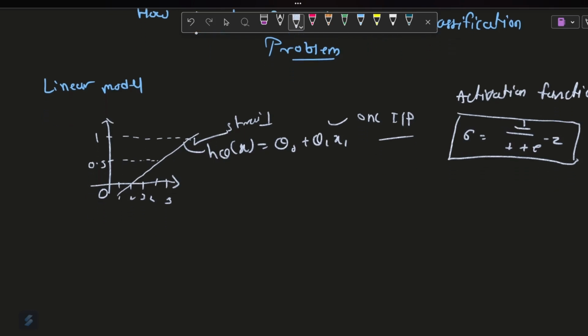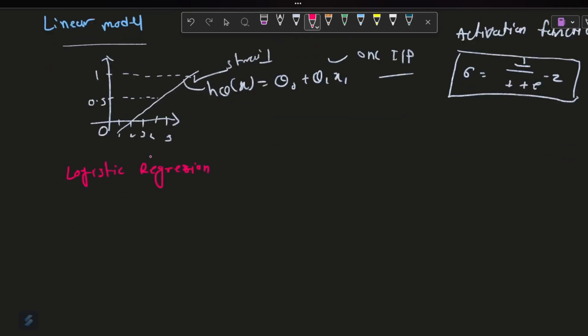Okay. So that's for a linear model, and now we draw for logistic regression. In logistic regression, we draw a simple graph.